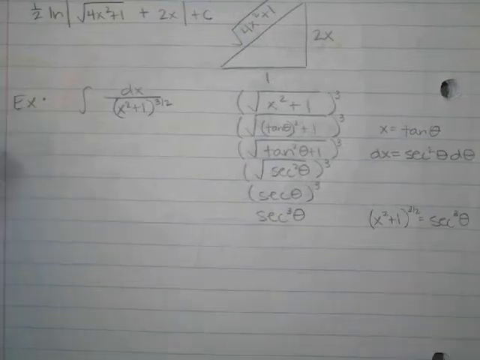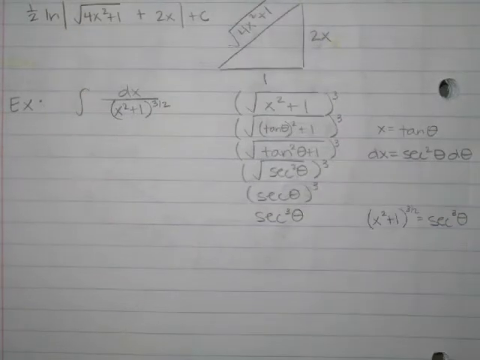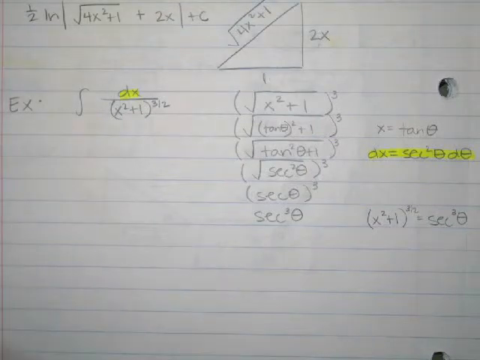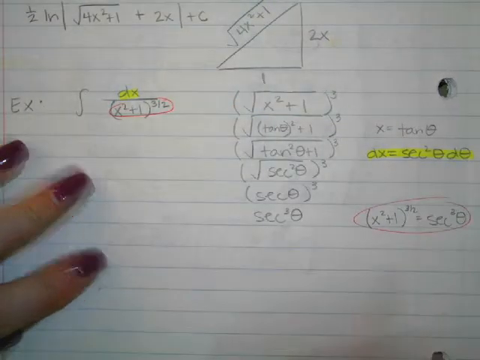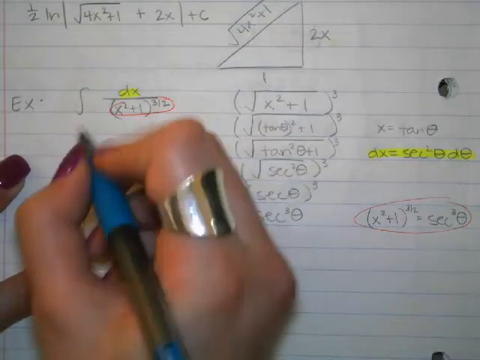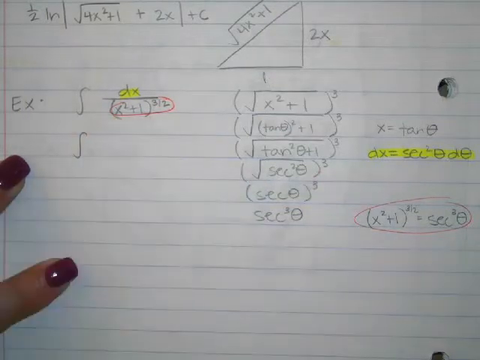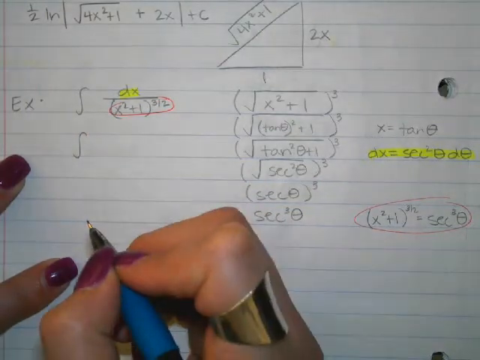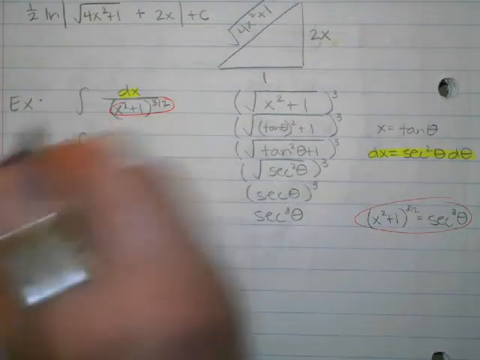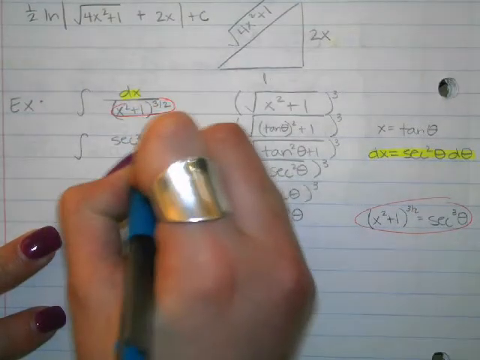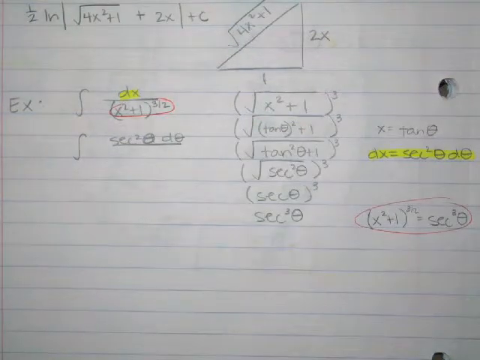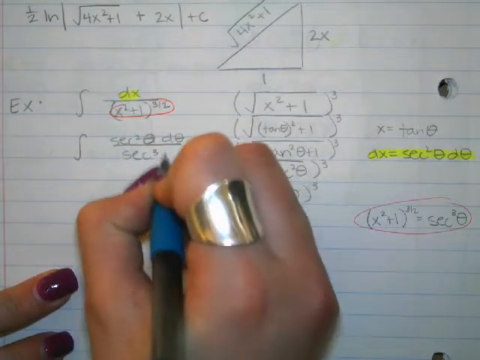Okay, so if I think about this, I don't have a plain x, but I do have a dx, and then I do have this part. So what integral do I have? I have secant squared theta d theta over secant cubed.